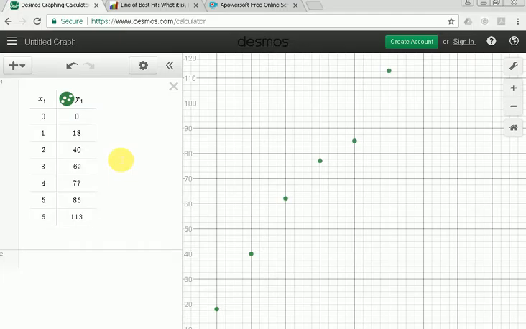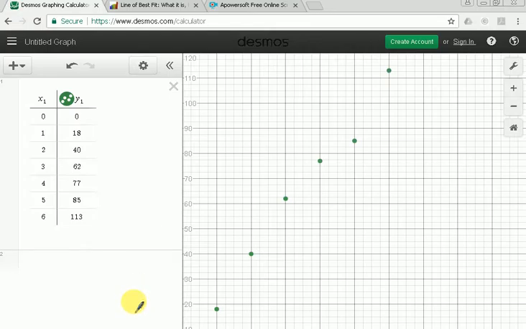So I have 62 minus 40 over 3 minus 2, which what do I get at the top? 22 over 1. Now, it says write an equation.